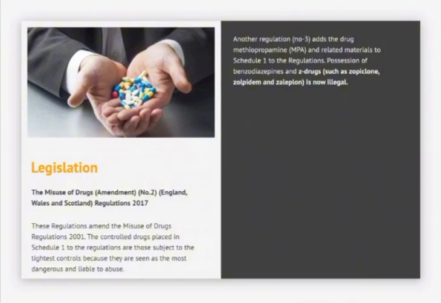Another regulation, Number 3, adds the drug methiopropamine (MPA) and related materials to Schedule 1 to the regulations. Possession of benzodiazepines and Z drugs, such as zopiclone, zolpidem and zaleplon, is now illegal.